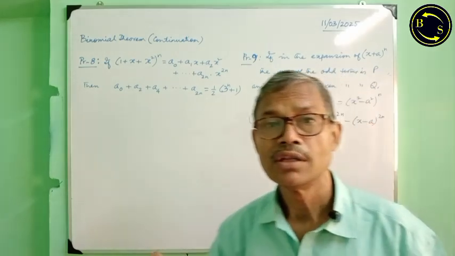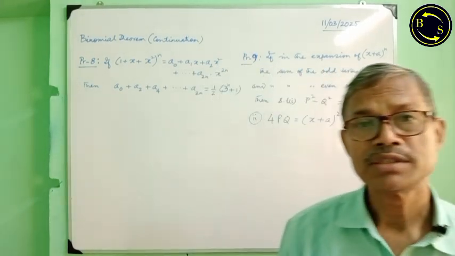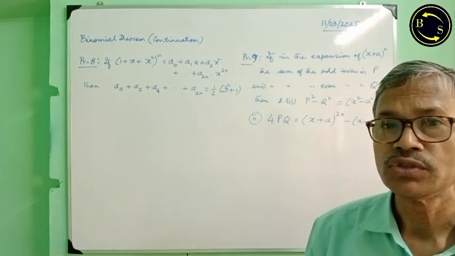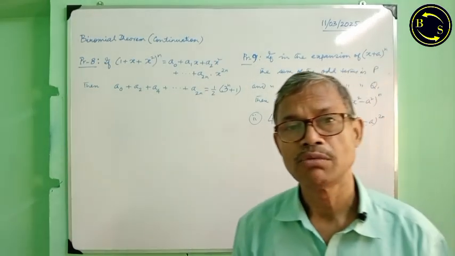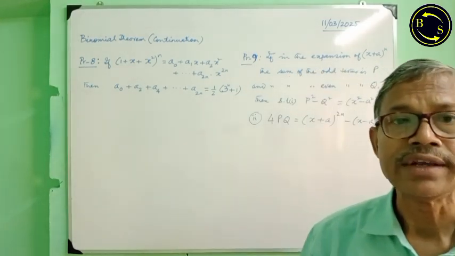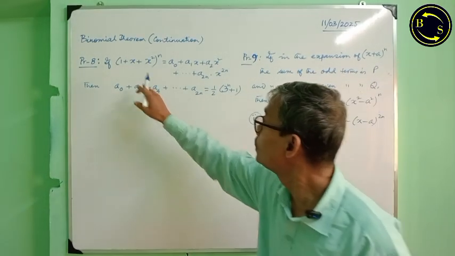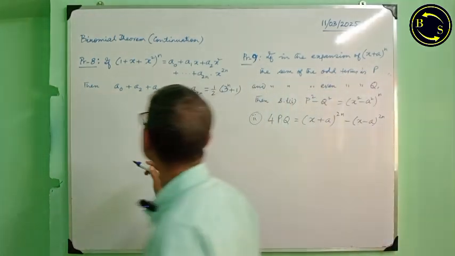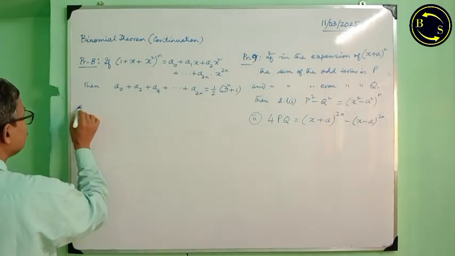You have learnt in lower classes (a plus b) whole to the power 2 is a square plus 2ab plus b square, (a plus b) whole cube equals a cube plus 3a square b plus 3ab square plus b cube. These are identities. Therefore, this is also an identity. Already I have mentioned. Now, how to solve this?